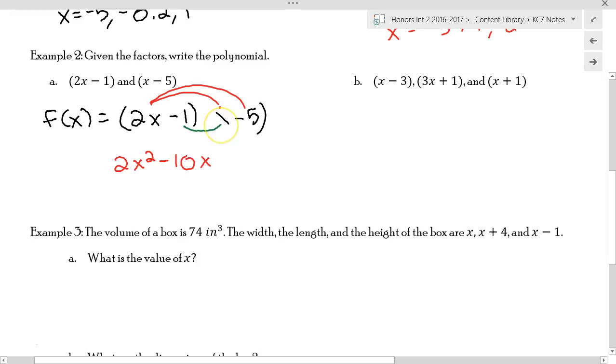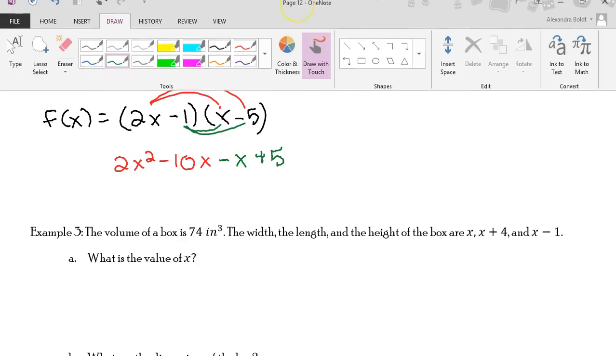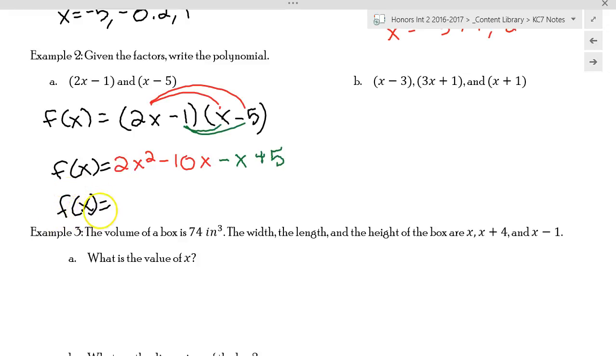So I have -1 times x, which is -x, and -1 times -5, which is +5. And like before, our last step is to combine like terms. So -10x and -x. So I get 2x squared minus 11x plus 5.